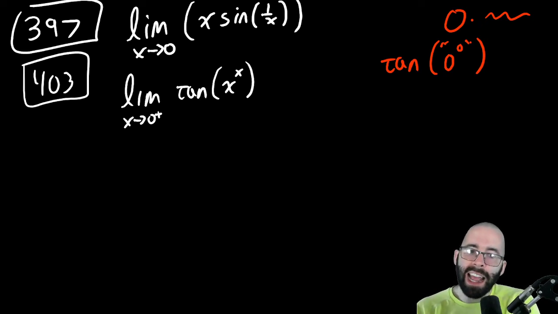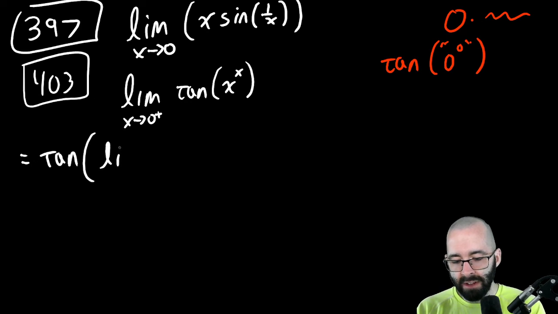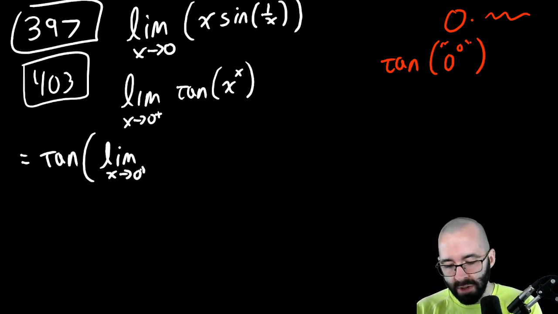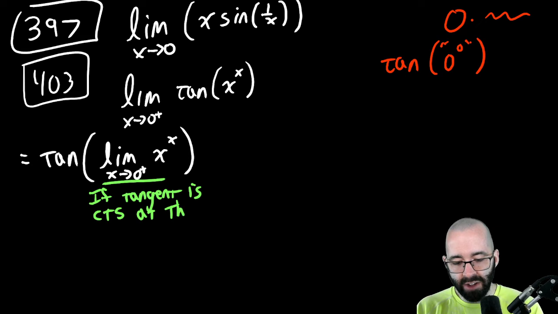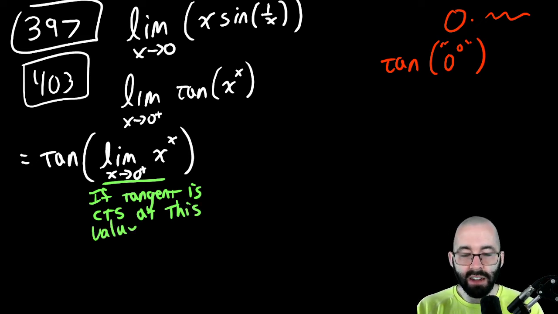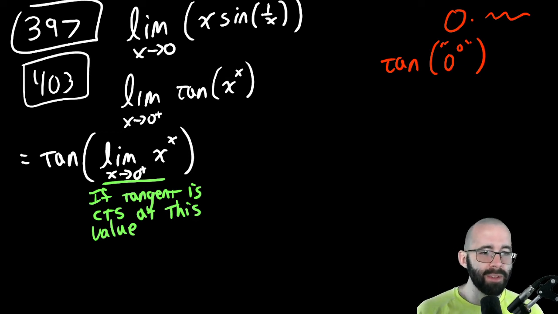So as long as it's continuous at the inside limit, we can write it like this: the tangent of the limit as x goes to 0 from the right of x to the x, if tangent is continuous at this value. And so we don't know whether we can use this yet. Tangent's continuous almost everywhere. It's also discontinuous in infinitely many places. It's possible for something to be both.